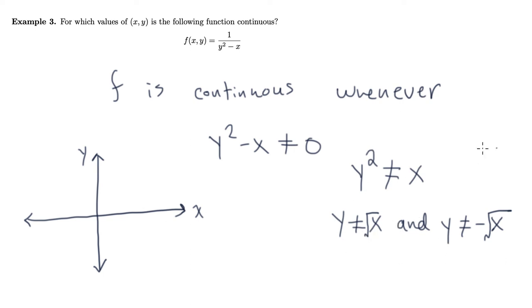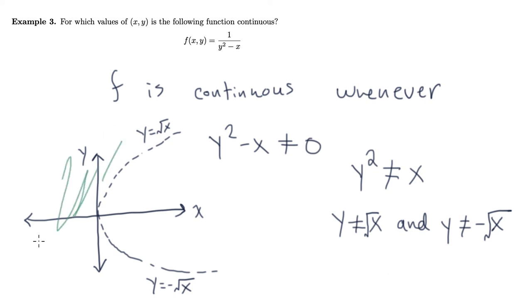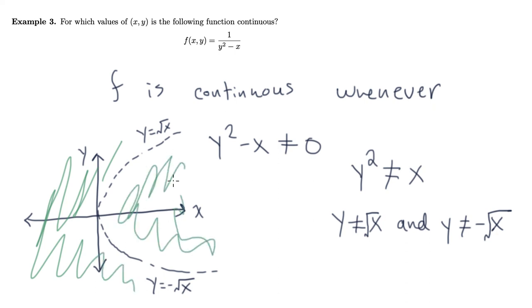We want the entire plane, except we remove y equals square root of x. Here's y equals square root of x. Here's y equals minus square root of x. And we're sort of cutting out these two curves from the xy plane, but f is going to be continuous everywhere else, all over here and all over here, but not along this dotted path right here.